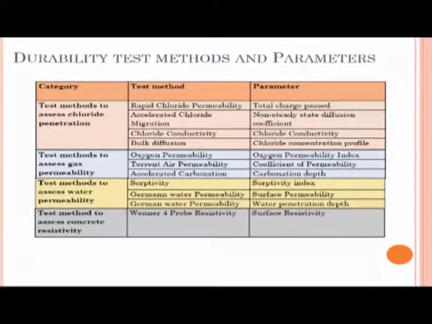Now the question that comes to your mind is, in the field when I am prescribing concrete for a particular application, what test should I choose and what sort of parameter should I measure to understand how this concrete is going to work in the field. For that you need to have a clear idea about the environment in which you put in the concrete. For example, in the case of a marine environment, for a concrete structure that is standing inside seawater, definitely you will not be interested in understanding what the gas permeability is.